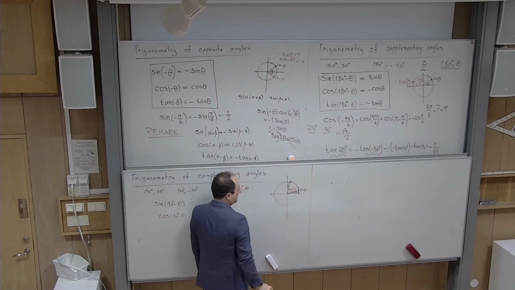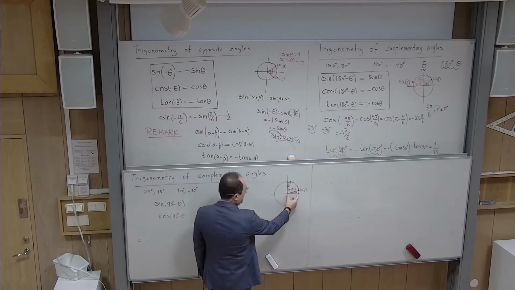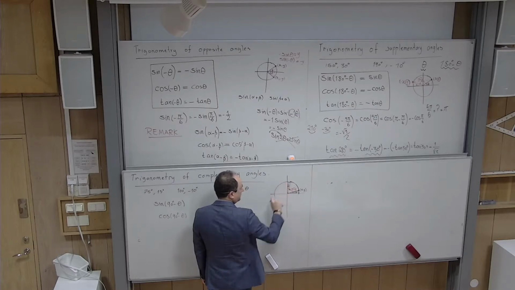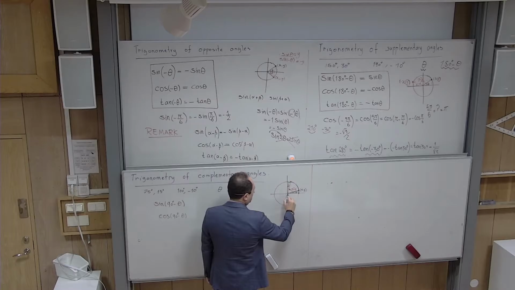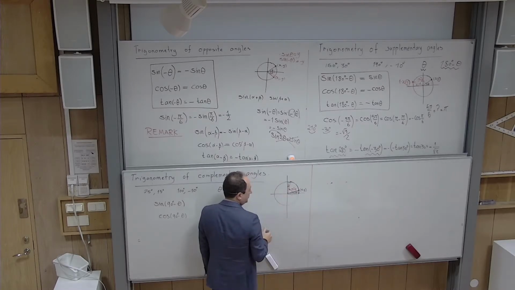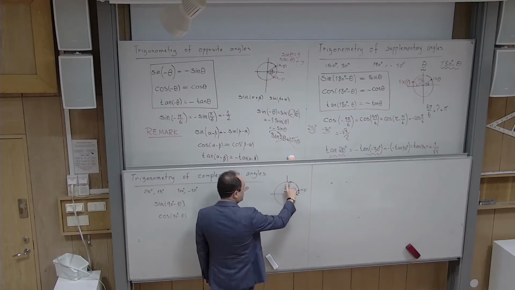Yes? So this means that this length is equal to this length. But you know what this length is. This length is the x-coordinate of your blue point, so this is x. So this also becomes x. So from here to here is x.